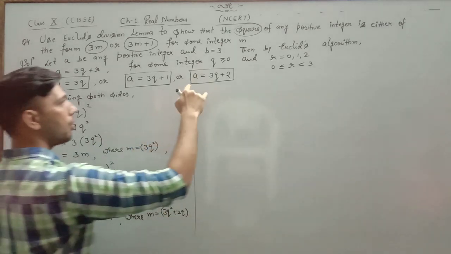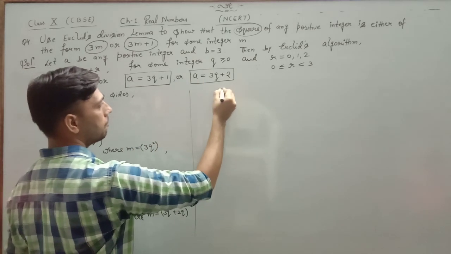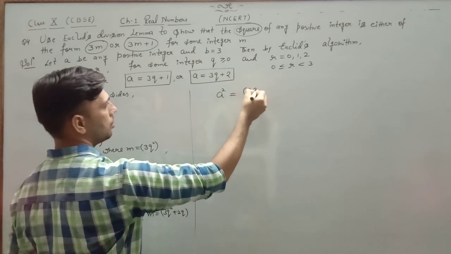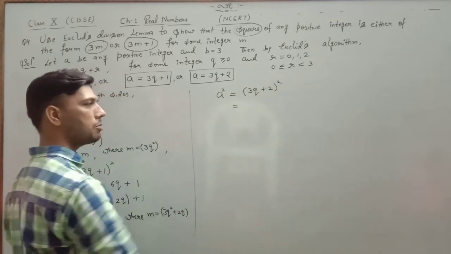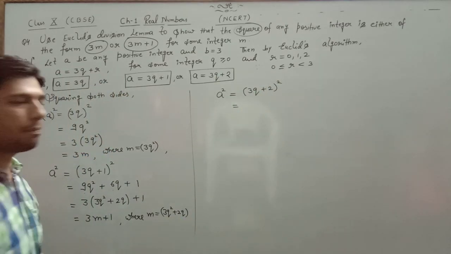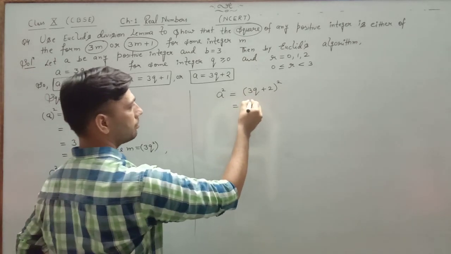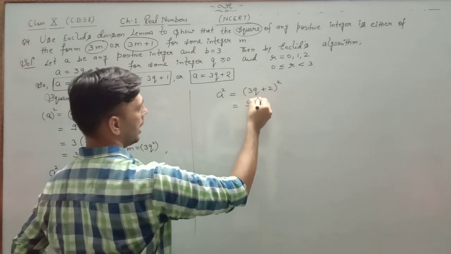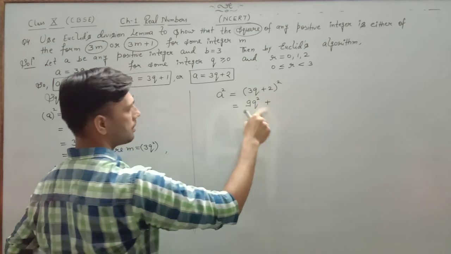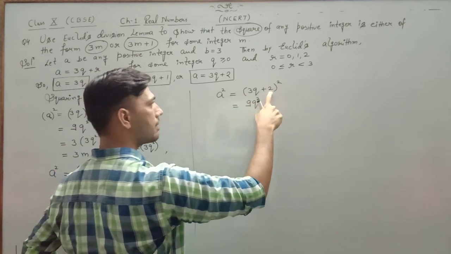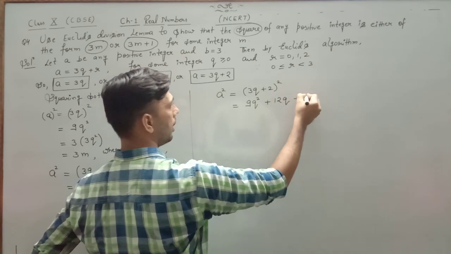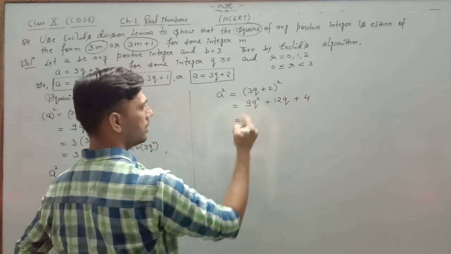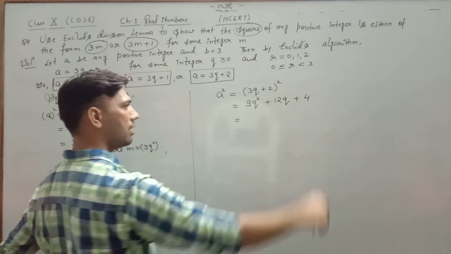And the last point is a square is equal to 3q plus 2 whole square. Same again, a plus b whole square, a square plus 2ab plus b square. 9q square plus 3 times 2 is 6, 6 times 2 is 12q, 2 square is 4. See, 3 is common, but this is 4.